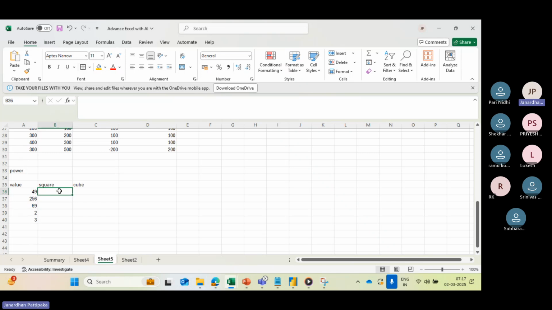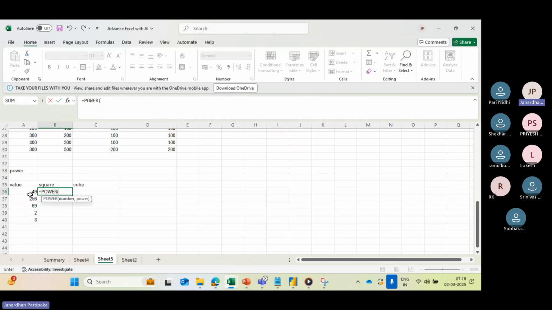So in order to find the square, there is a function to find the power. You have a function called power. Select the power. After that, you want to find the power of this value, right? So I want the power of 49, the square of 49.